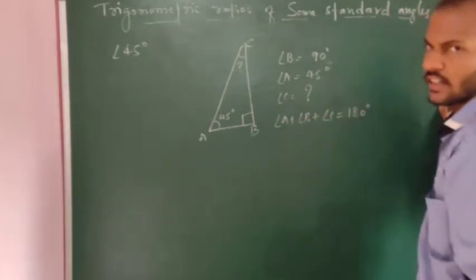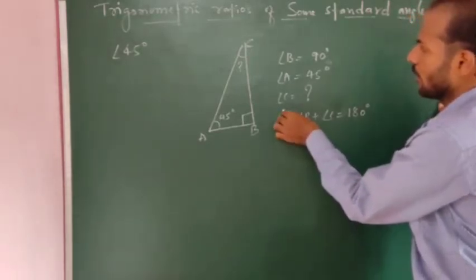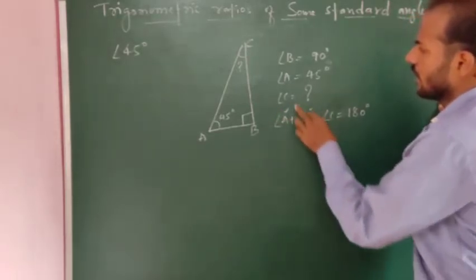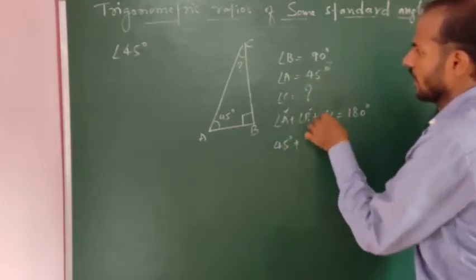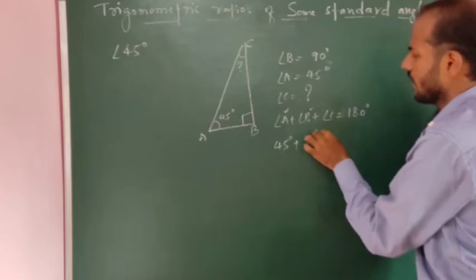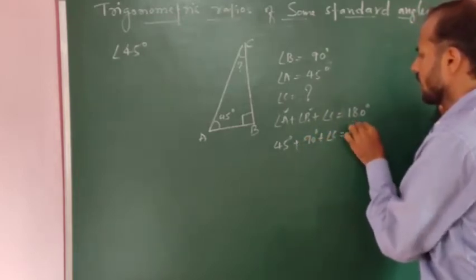All three angles of a triangle add up to 180 degree. Angle A is 45 degree, angle B is 90 degree, angle C we keep as it is, equals 180 degree.